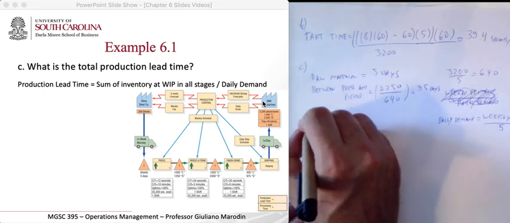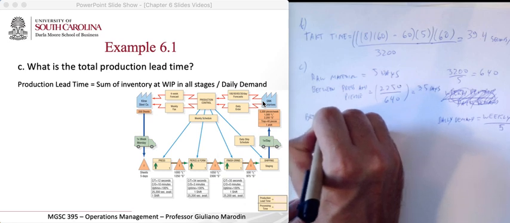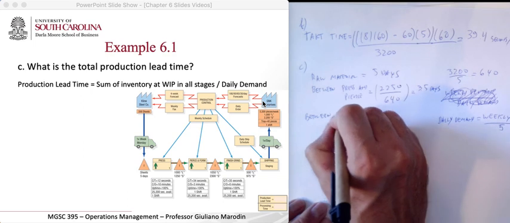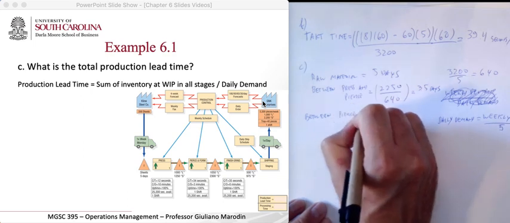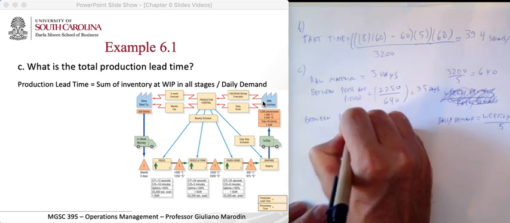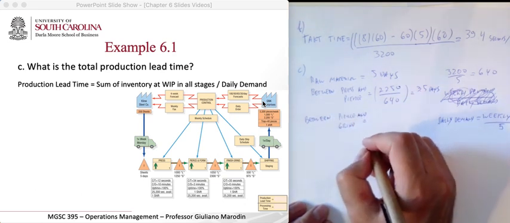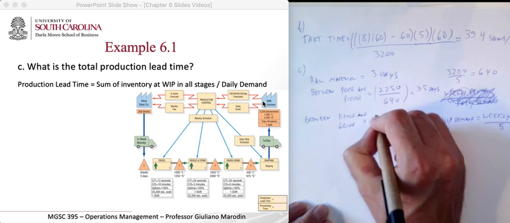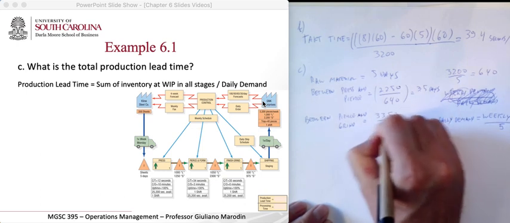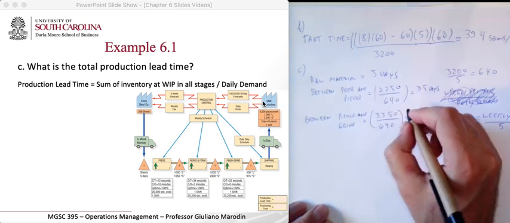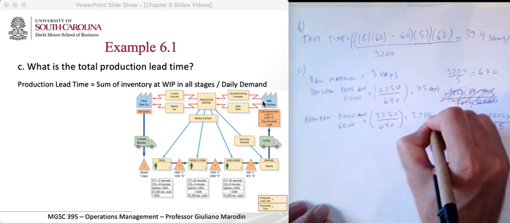Then I go to the next, between pierce and grind. I have 1,050 plus 2,300, so 3,350. 1,050 divided by 640 equals 5.2 days.